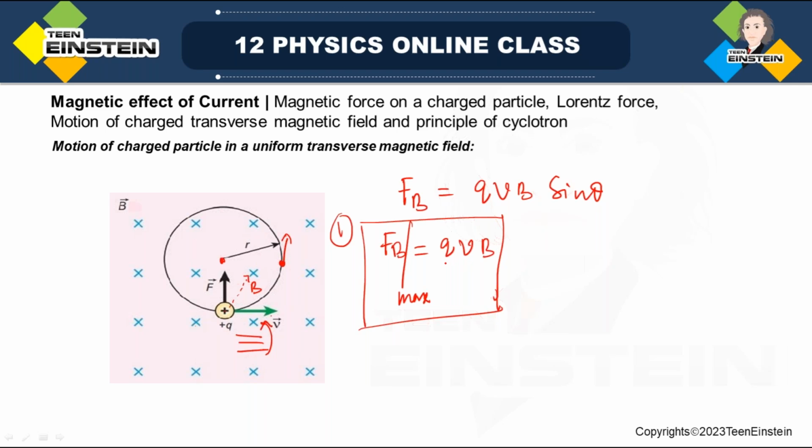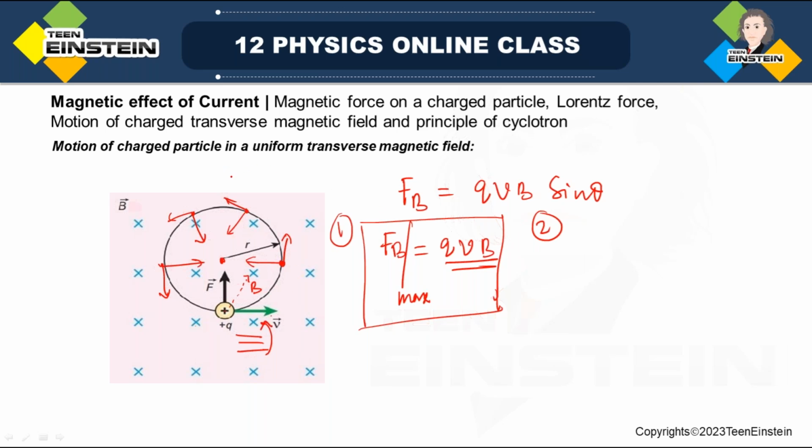So this force will be maximum and the value of the force will always be the same. The same force will be acting, and the direction will always be towards the center, like this.